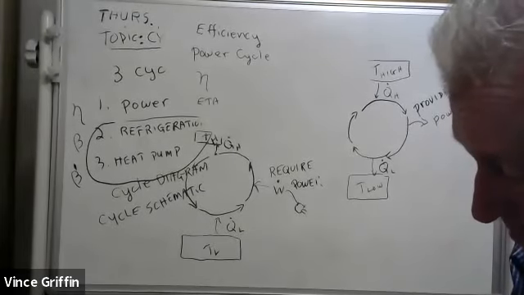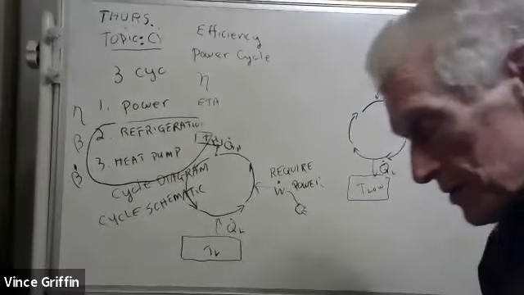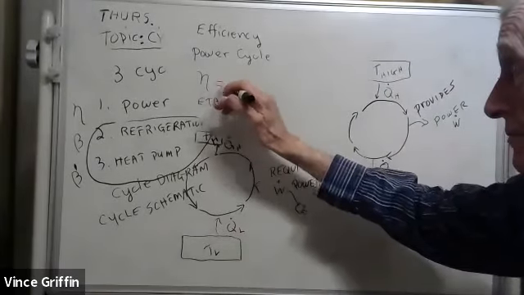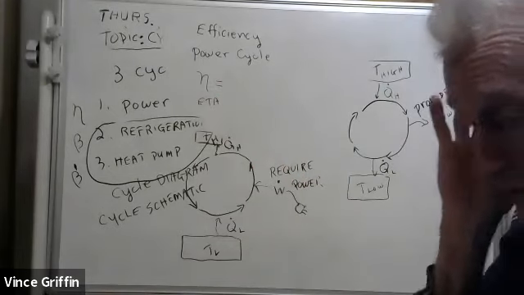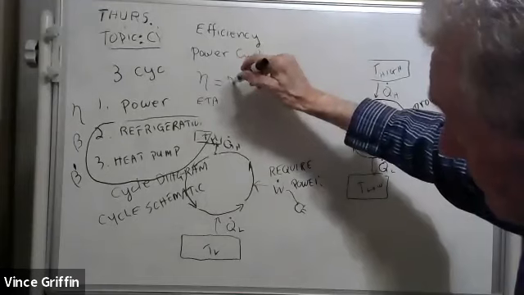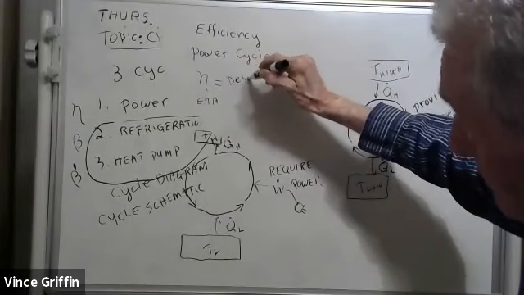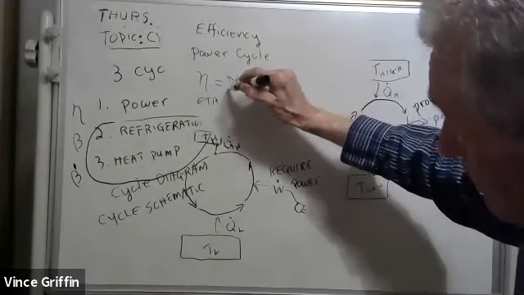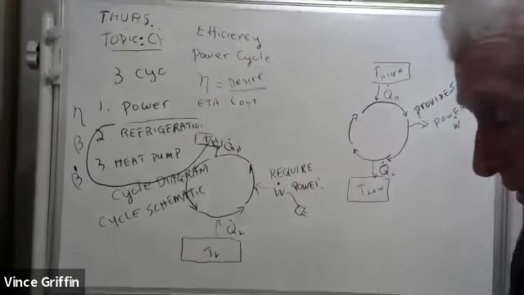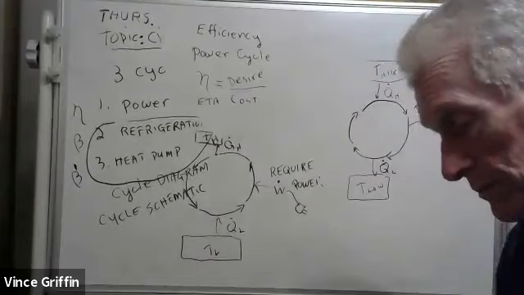Is that right? Yeah, I think that's right. That's it. It's Greek letter eta. And what it is, efficiency is always something you desire divided by something that's costly. You have to pay for it.